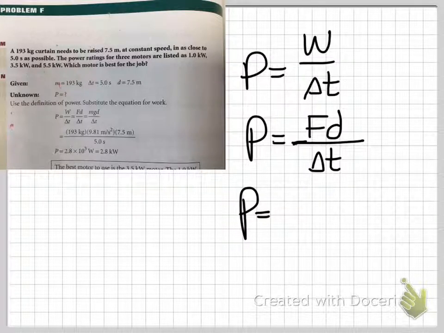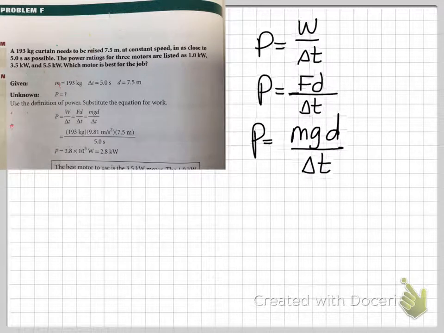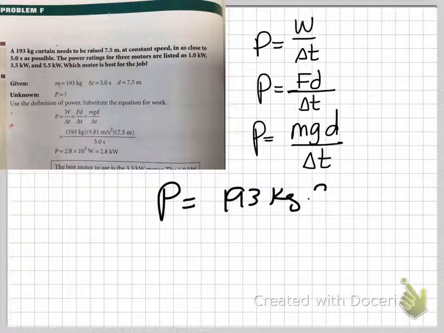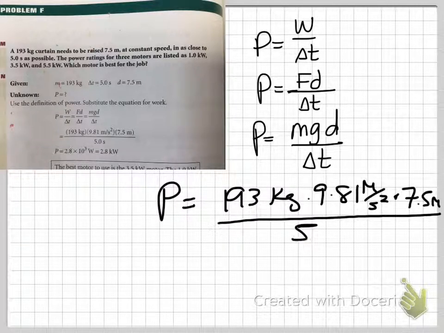So power is going to be equal to mass, gravity, the distance we need to take it, and the time we need to take it in. Therefore, power equals 193 kilograms times 9.81 meters per second squared times 7.5 meters, the whole lot over 5.0 seconds.